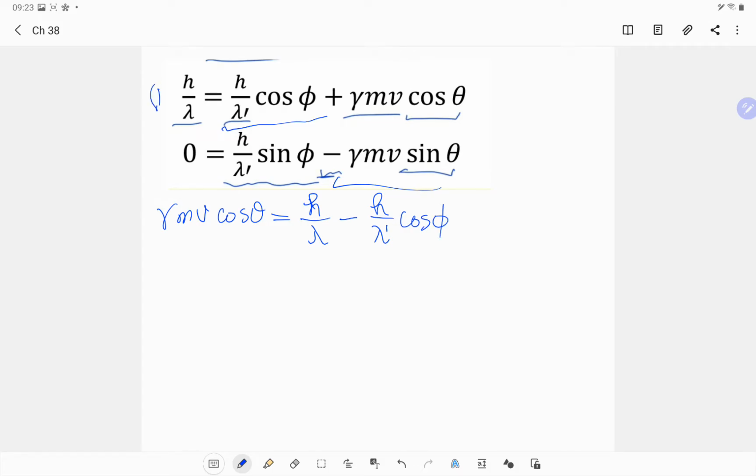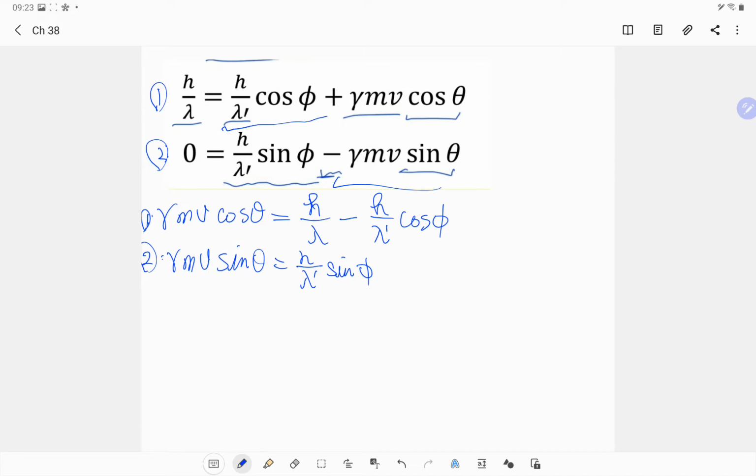So using the first one, we can get this. We just rearrange the term, and then for the second one, we can also do a similar thing. Equals h over lambda prime sine phi.